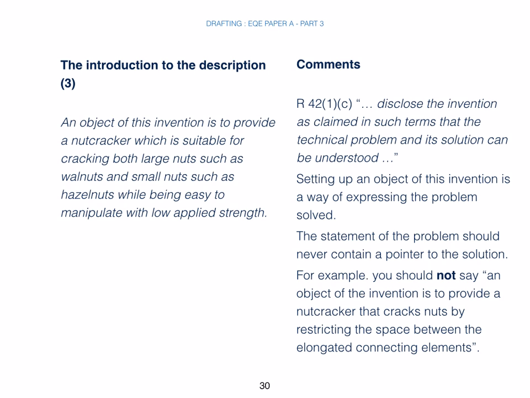An object of this invention is to provide a nutcracker which is suitable for cracking both large nuts such as walnuts and small nuts such as hazelnuts, while being easy to manipulate with low applied strength. So that then corresponds to Rule 42.1c, disclose the invention as claimed in such terms that the technical problem and its solution, that is a technical problem, can be understood.